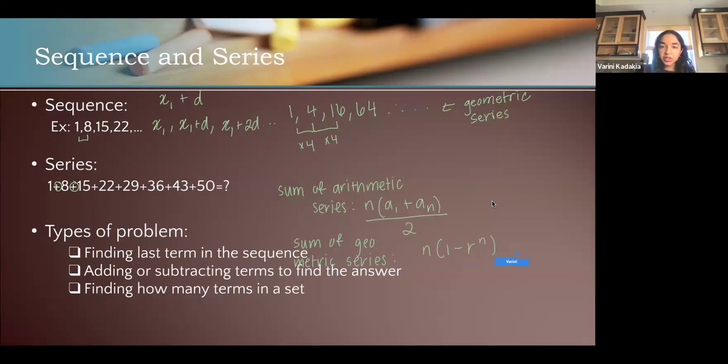So r here would be the common ratio between the numbers. If we look at the geometric series I had written out before, the common ratio would be 4. So you'd have the number of terms times 1 minus, not number of terms, it would be the first number. Sorry about that.